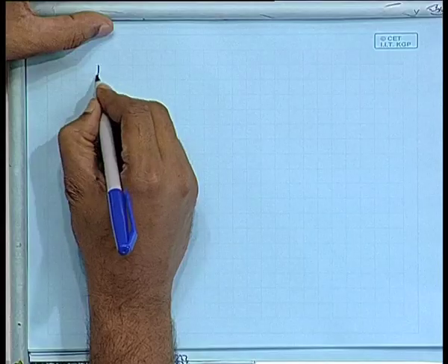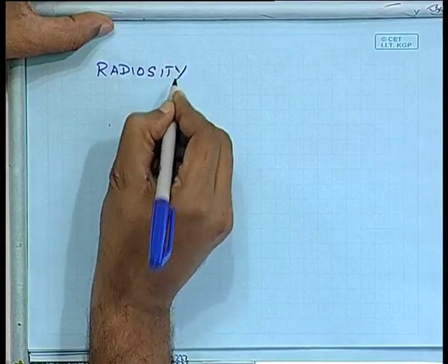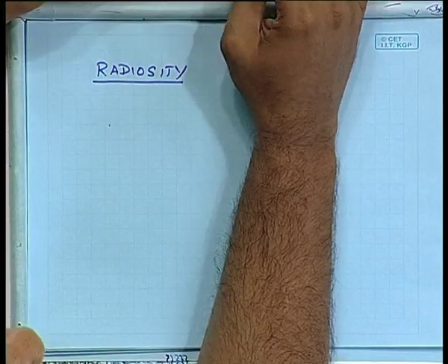The remaining time that we have before we start our tutorial part of this class, I would like to introduce another concept which is known as radiosity, which is probably more important than the radiation exchange or emissive power of an object. Because we know that when we are thinking of an enclosure, there are several ways.